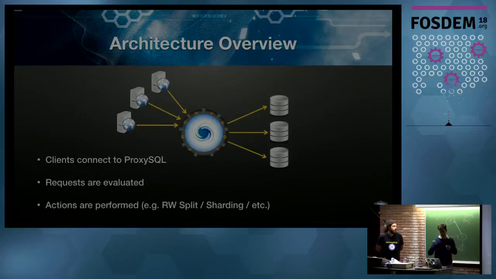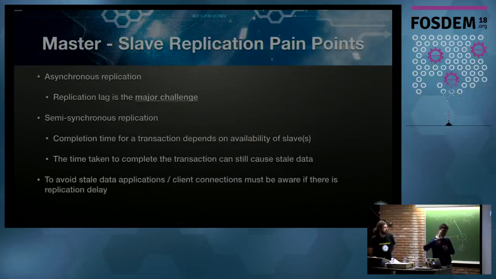Clients connect, the requests are evaluated, and depending on the configuration you've put into ProxySQL, certain actions will be performed. Key areas are read/write split, sharding, and query rewrite. For this session, we'll be focusing on read/write split, and specifically the challenges that we have with master-slave replication.